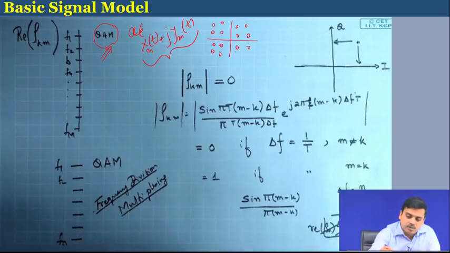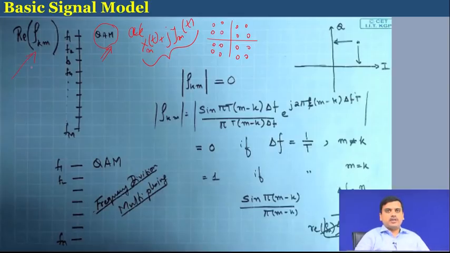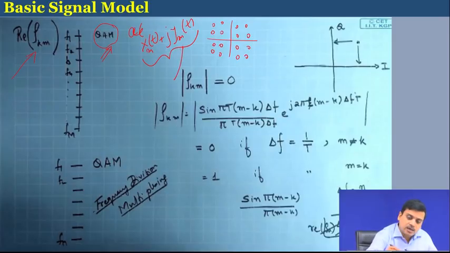So, this is the QAM constellation. In that case, to find the orthogonality, we cannot use the real part of the orthogonal projection. When we are taking the orthogonality criteria, simply the real part is not going to help us, because there is an imaginary part which carries information.